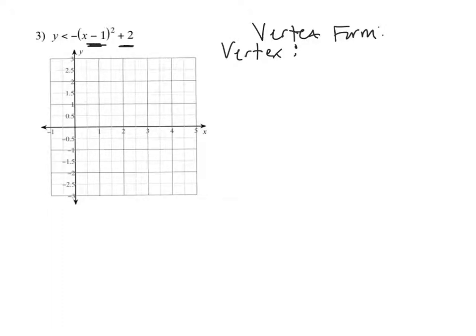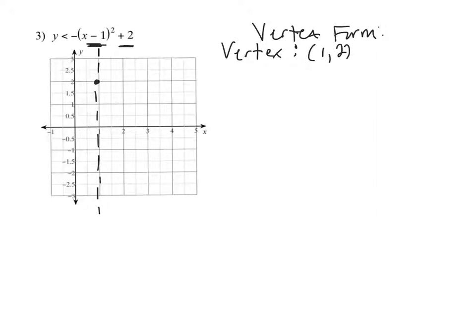So my vertex in this problem is 1, 2. So I'm going to go over 1, up 2, and I know then my axis of symmetry is x equals 1. And the only reason I need to know that is so I can mirror points across. Now when you're in vertex form, the only point you have is your vertex.